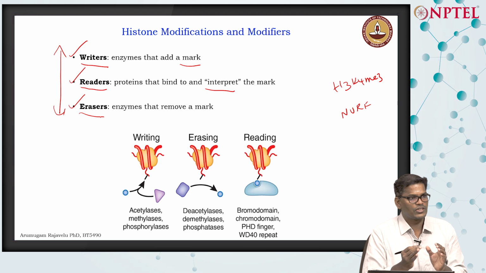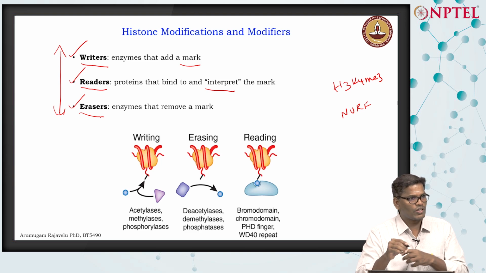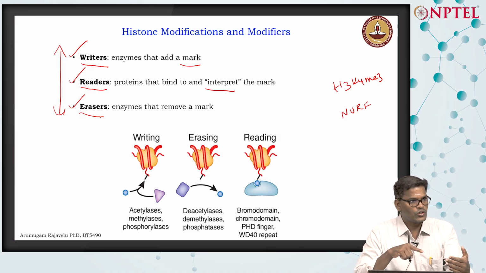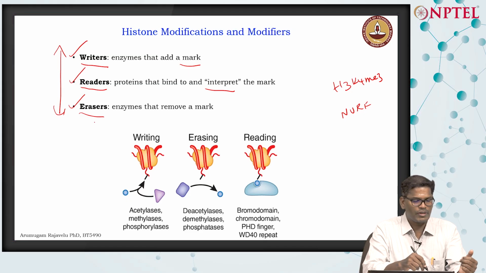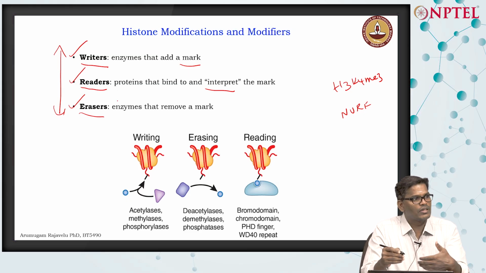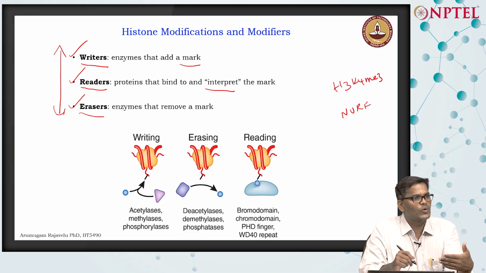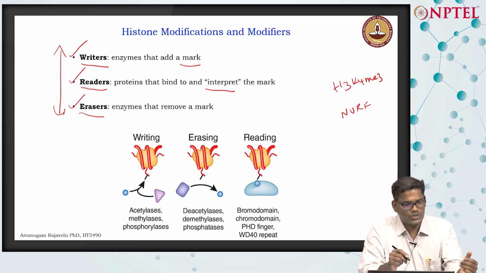Tissue specific genes need to be switched on, and some genes not required need to be switched off. So the switching on and off during lineage differentiation has to be done. That means some marks need to be removed and some marks need to be added. So the dynamics are highly essential for successful development. That's where the eraser comes in and removes marks where they are not required, going and demethylating or removing them.